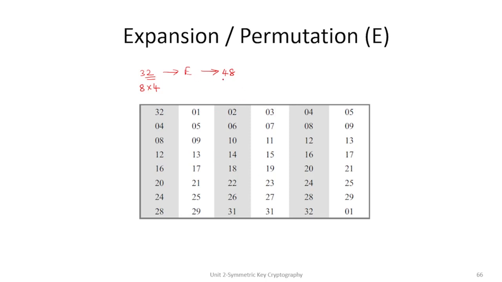Then after expansion, 2 additional columns are added, so 8 into 6 is 48. How are these columns created? One is before the first column and the other is after the fourth column. So these are the 4 column values. This is the previous column's additional value, and this is also an additional column. In this column, which value should be stored?